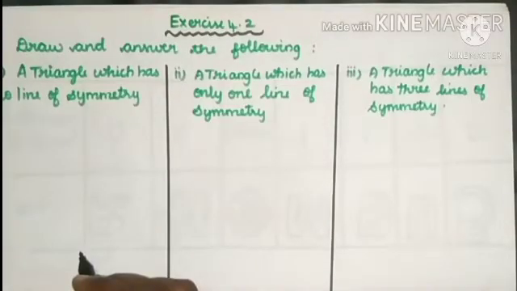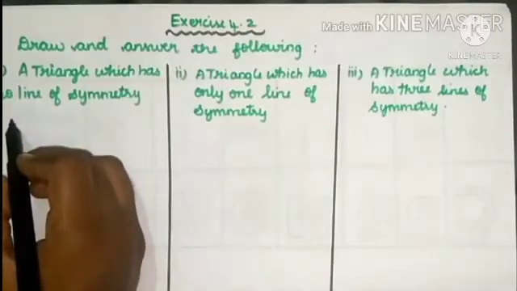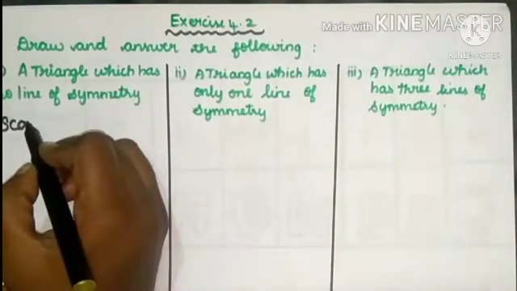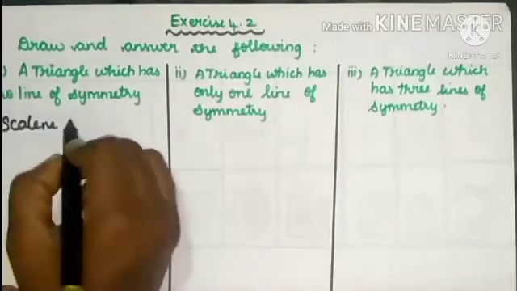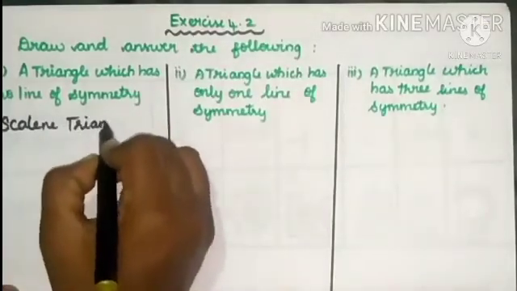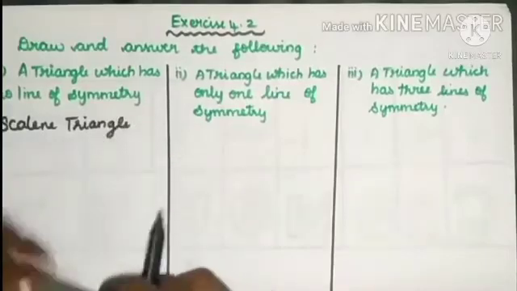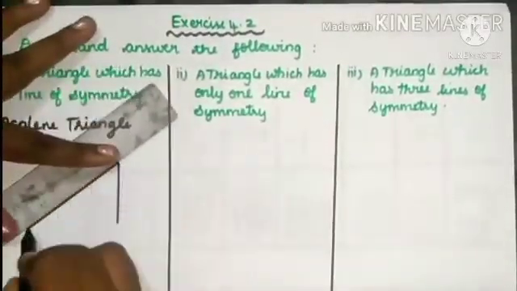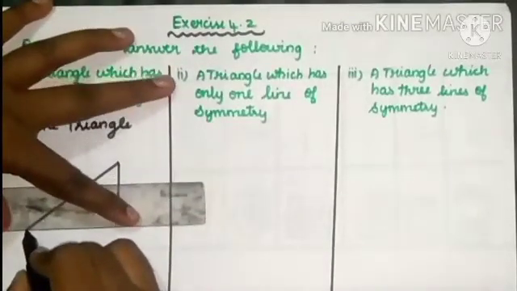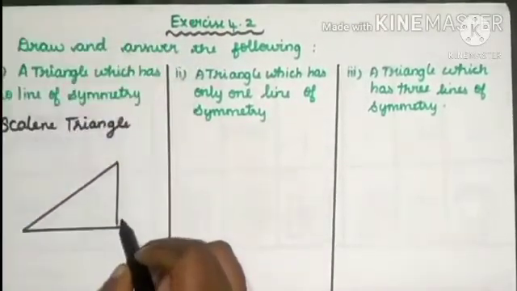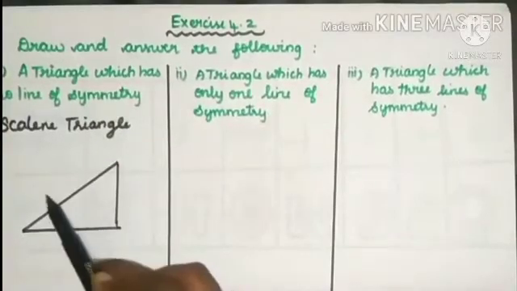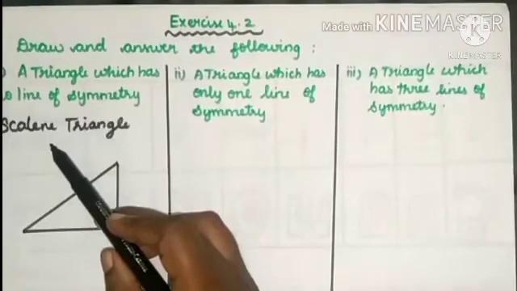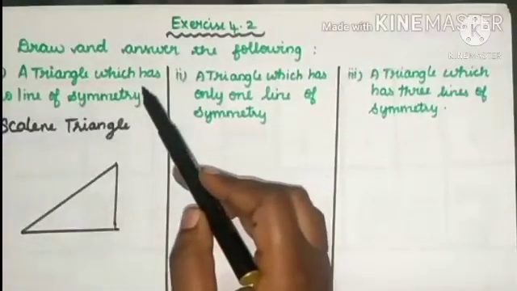A scalene triangle has no lines of symmetry because scalene triangles have three unequal sides. See, it cannot divide into two equal parts. So, a scalene triangle has no line of symmetry.